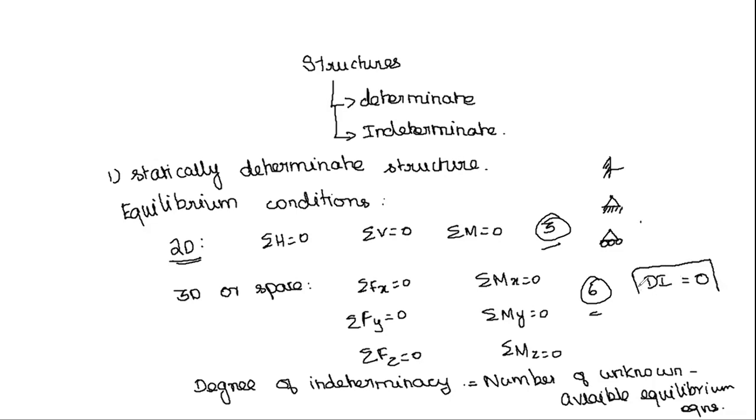Equal to 0. So the degree of indeterminacy of a statically determinate structure is 0 because the number of unknowns can be solved easily using the available equilibrium equations. If the number of unknowns is 3, then the available equilibrium equations will be 3 in the case of a statically determinate structure.